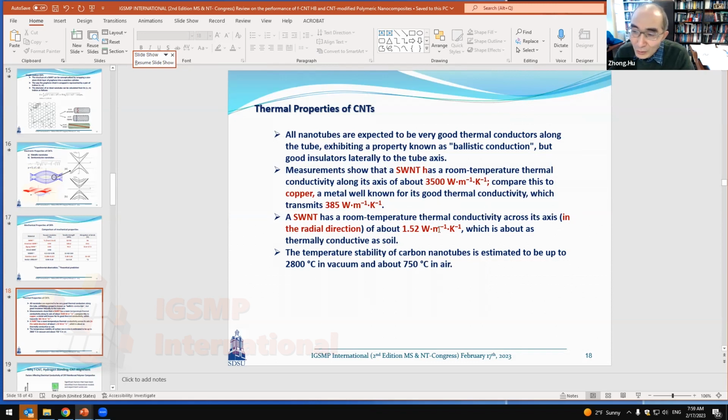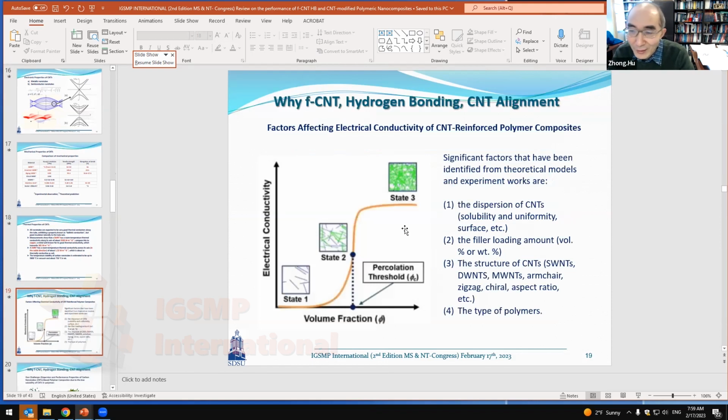So that's totally different. That's almost like an insulator, you can imagine. So the carbon nanotube is an anisotropic material, quite anisotropic along the axial direction or the lateral direction. So this is one picture you can imagine.